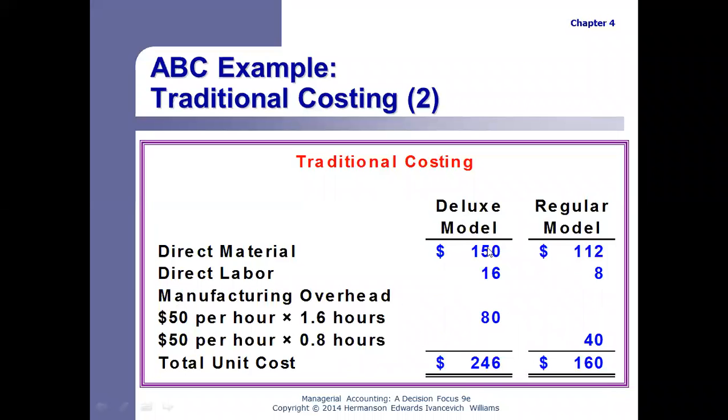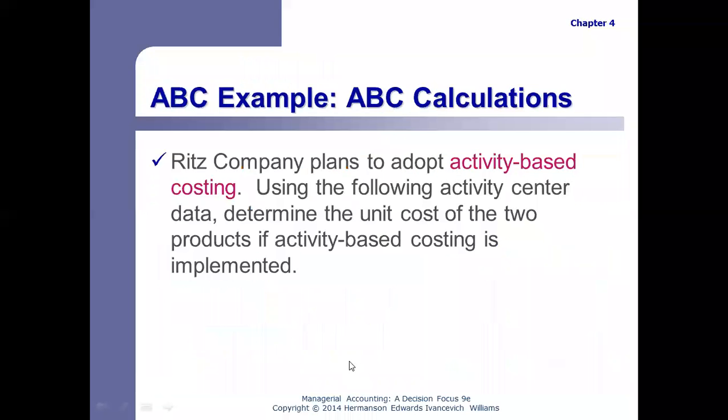And again, we can trace the direct materials directly to each of the products. We can trace the direct labor directly to each of the products, but we have to allocate or spread out the manufacturing overhead. We calculated it as $50 per each hour of direct labor used to get the allocation for each product of the overhead per unit to get the total unit cost.